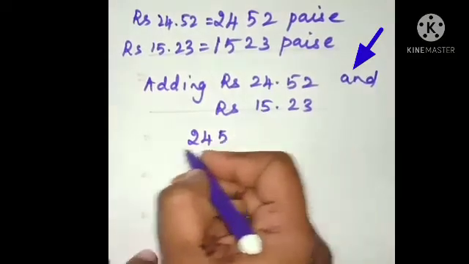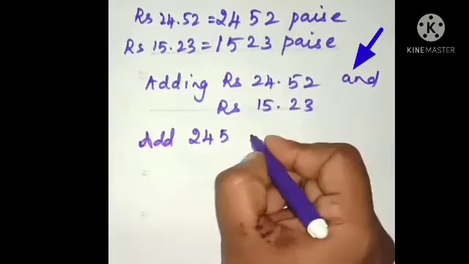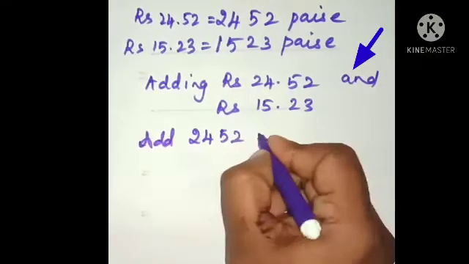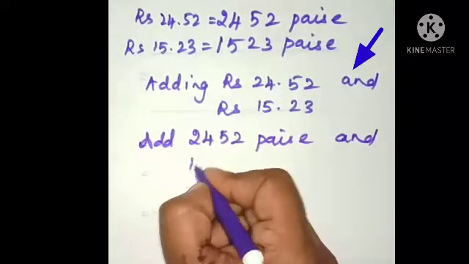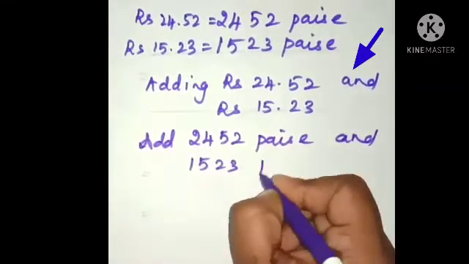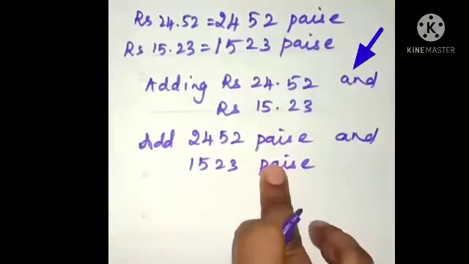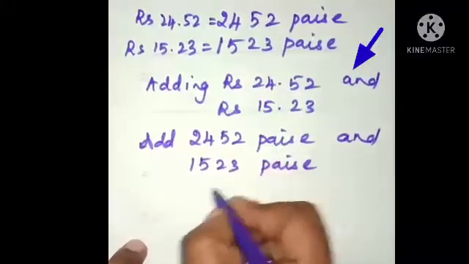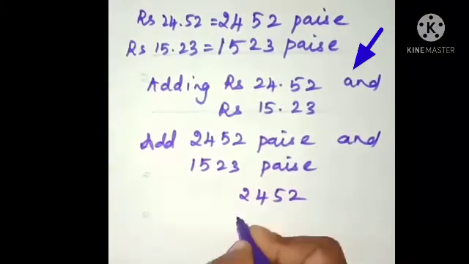Children, adding 2452 paise and 1523 paise, that is, we converted rupees totally into paise. When we add these two values, what do we get?